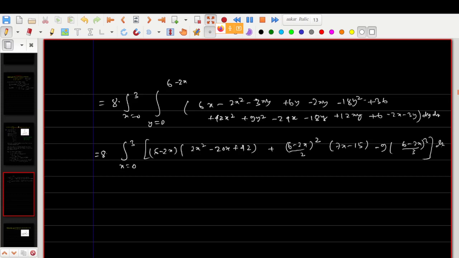And that is now only single variable and integration, so I will now leave it for you.